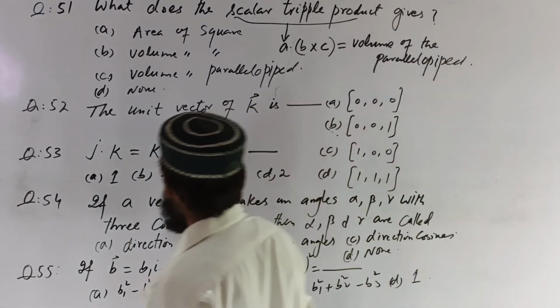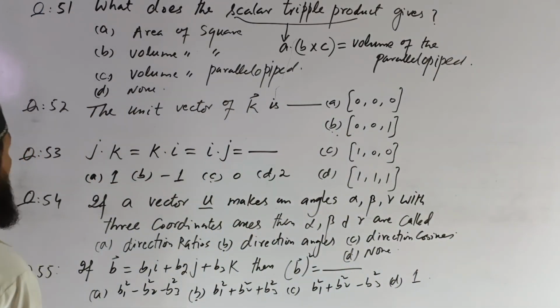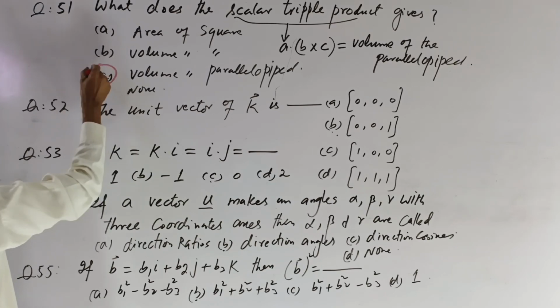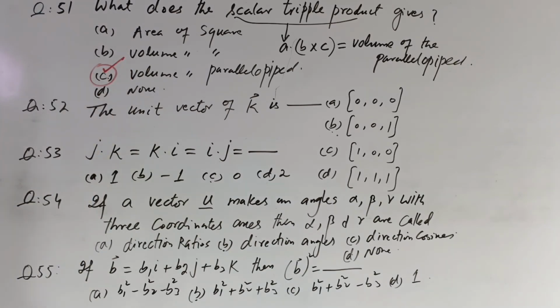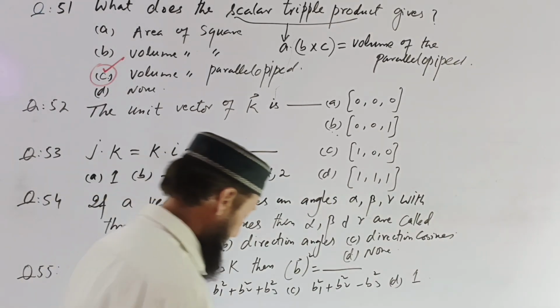This formula is known as the volume of the parallelepiped. Just like in question number 51, option C is the correct answer here.